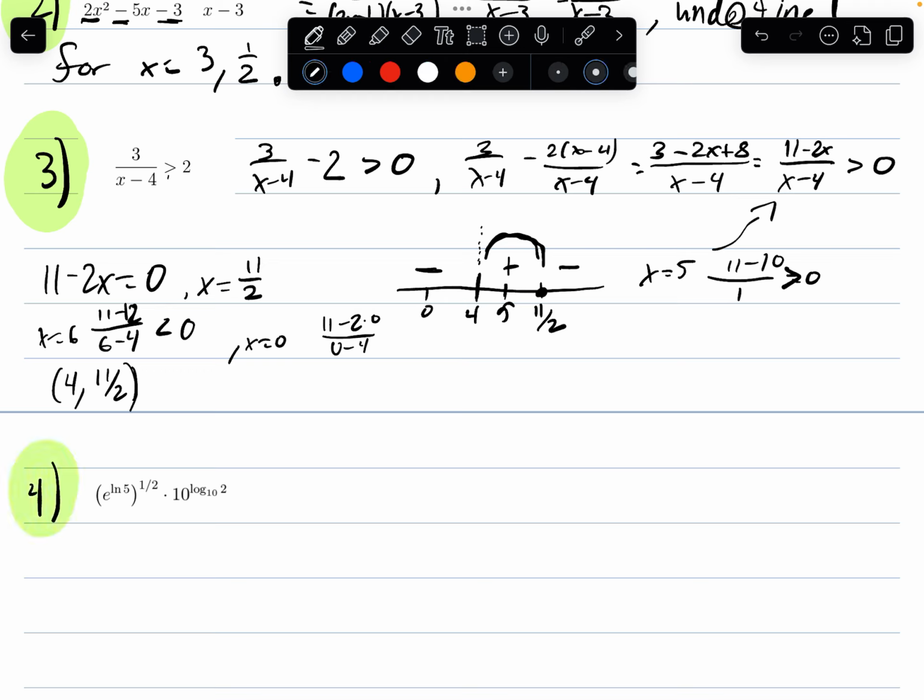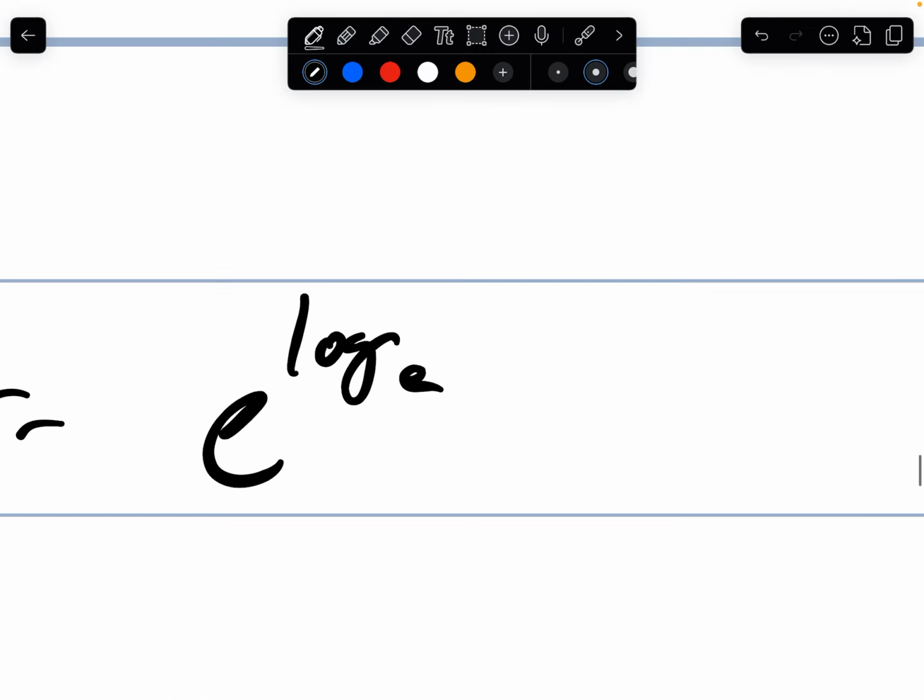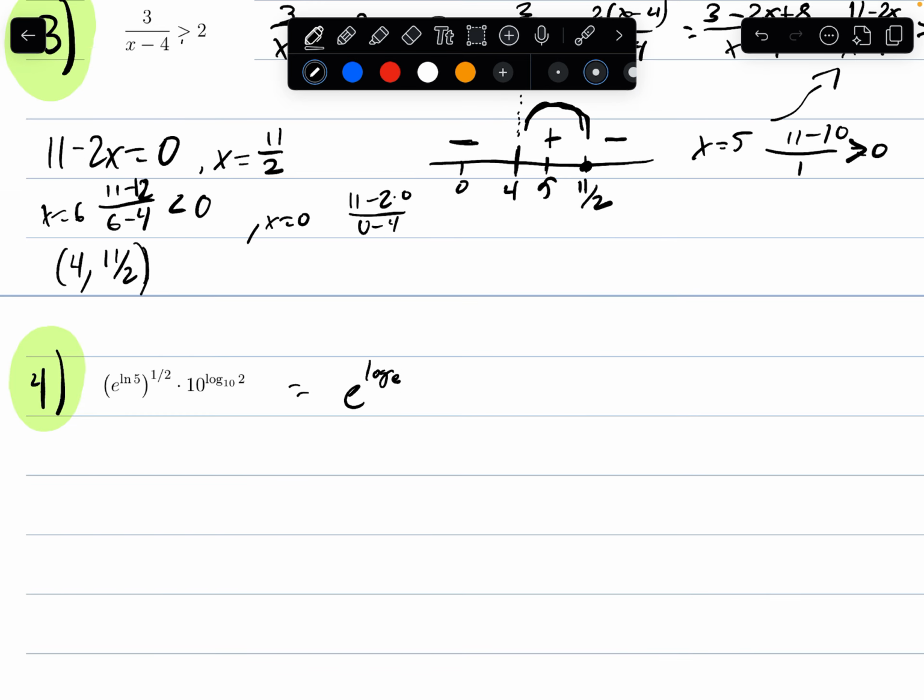Okay. So here we use our log rules and exponent rules. So I have e to the ln. Remember that e to the ln is the same thing as e to the log base e. Make it a little bit bigger. All of that to the power of 1/2 of log base e of 5 times 10 to the log base 10 of 2.